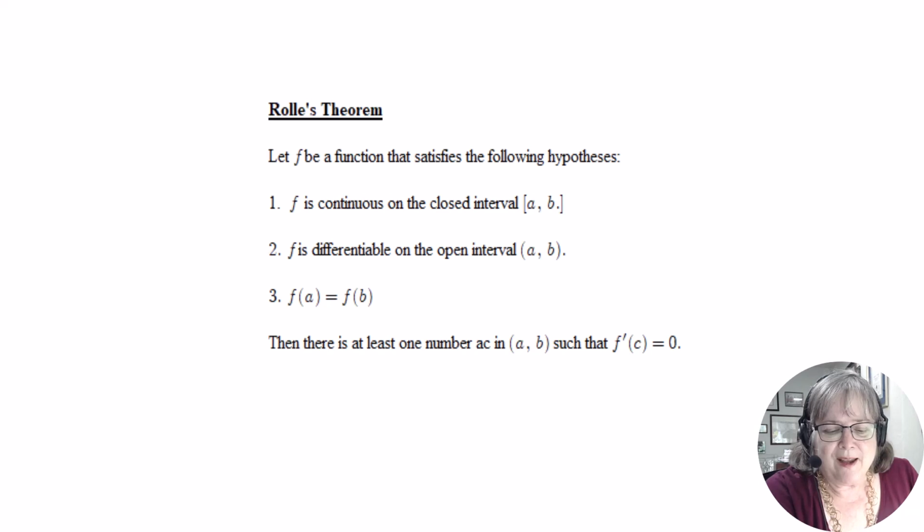And 3, the functional value evaluated at x equals a is equal to the functional value evaluated at x equals b, f(a) = f(b). Then there is at least one number c in (a, b) such that f prime of c is equal to 0.